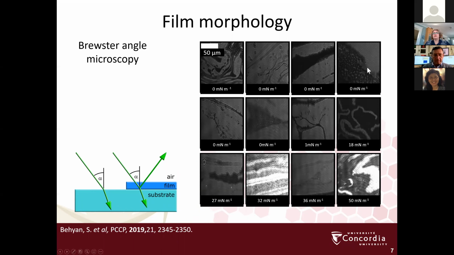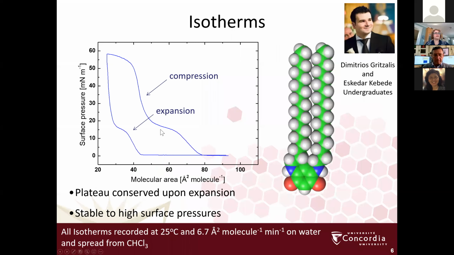And what's interesting is that nothing really changes. We have areas of high density of these, areas of low density of these, but that doesn't change even after that plateau, which occurs between, say, 12 and 18 millinewtons per meter.